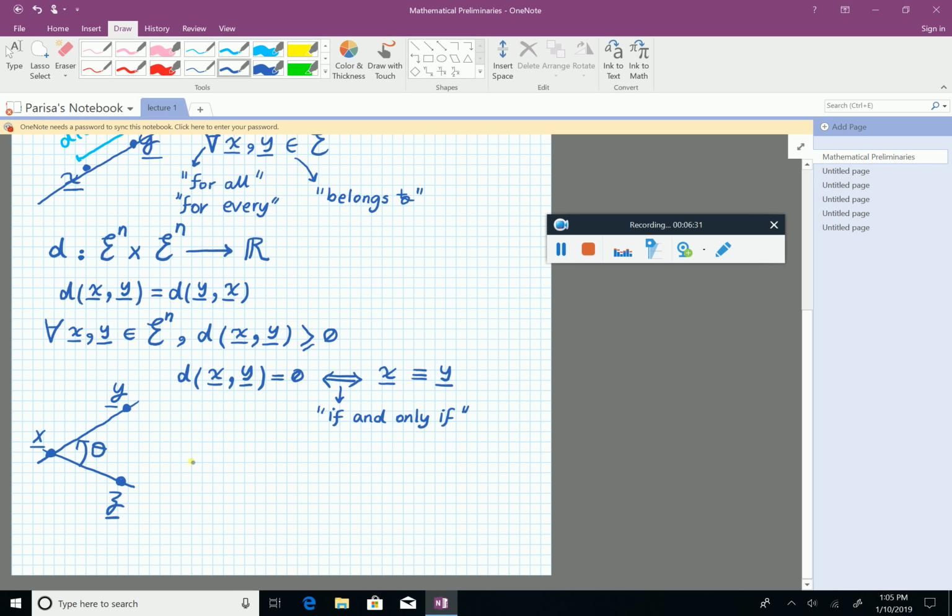So this opens up discussions about other important concepts, which are parallel lines, perpendicular lines, and perpendicular projections.